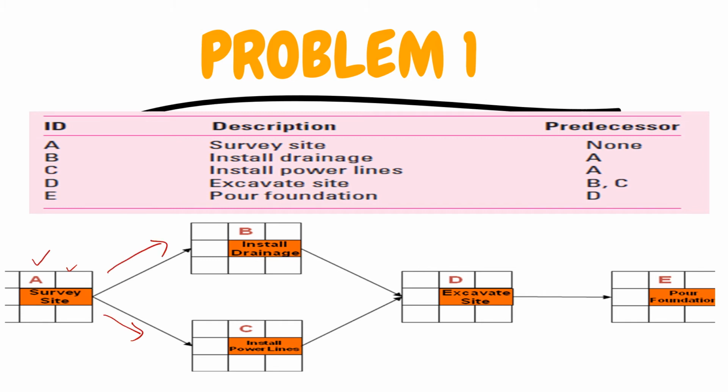So activity A will be an example of a burst activity within this network, whereas activity D is leading to a merger of activities B and C. So D would be referred to as a merge activity, and we will review this concept in the later slides.